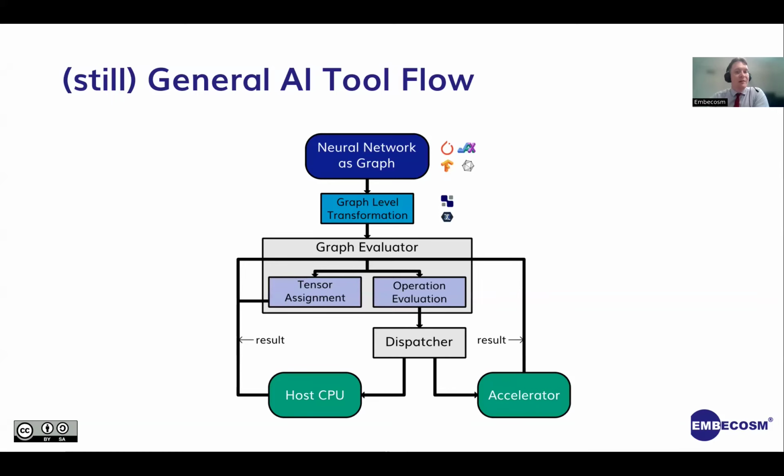And we take these graphs, we might do some graph level transformations, things like merging add and multiply into add-multiply. And then we iterate through the graph node by node. For each of these nodes, we decide where we're going to execute it with the dispatcher. We do that execution, and then we repeat this until we've executed the whole graph.